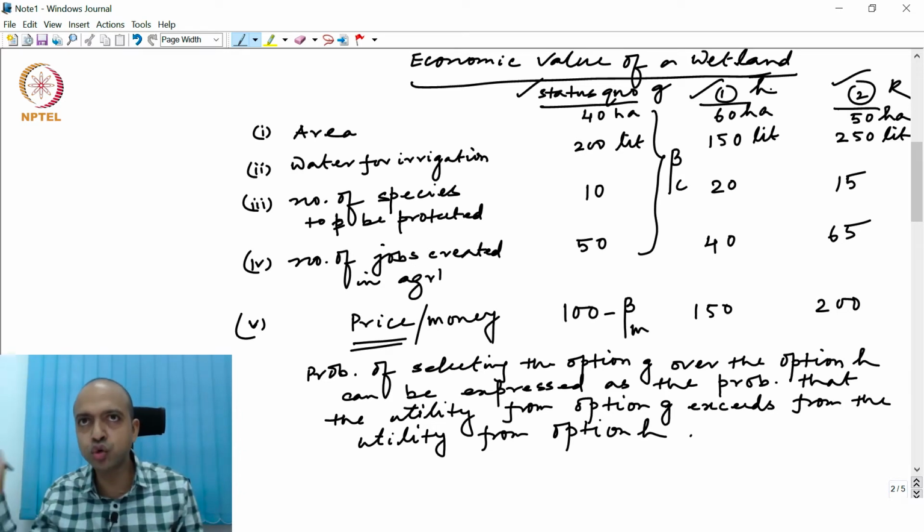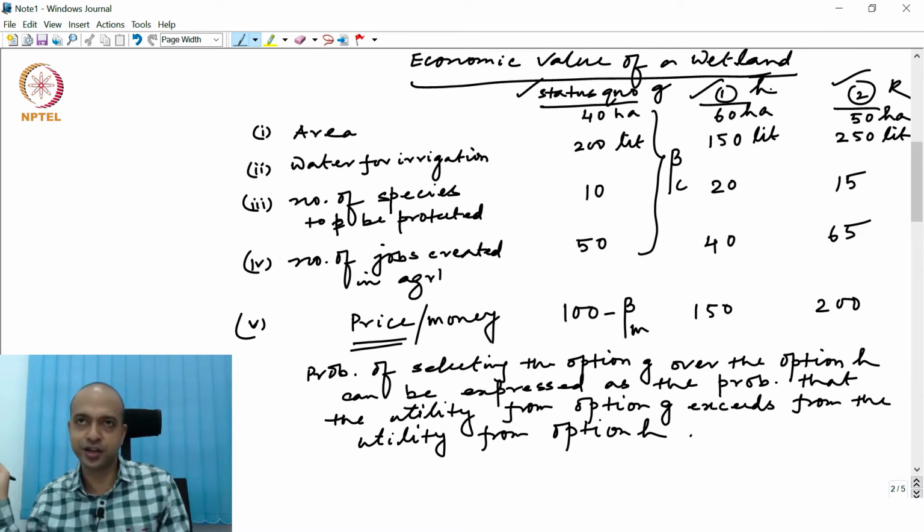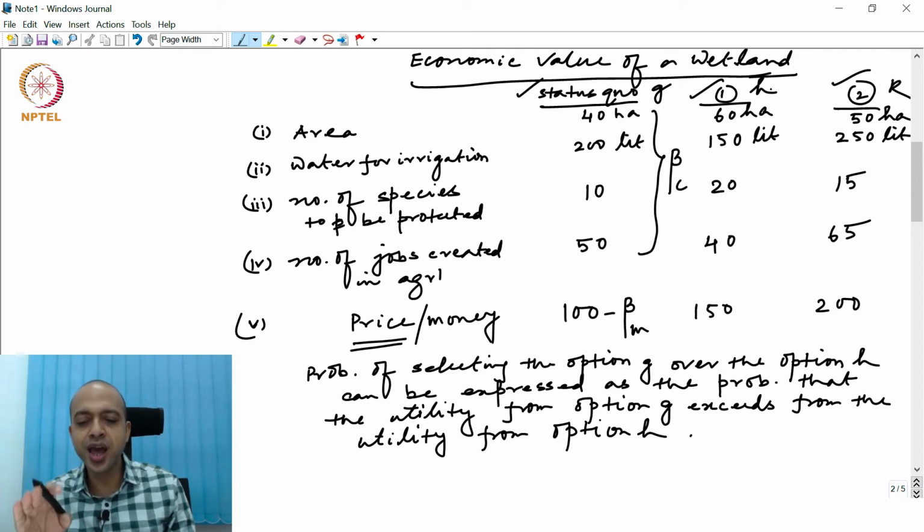It has nothing to do with the respondent's socio-economic and demographic characteristics. So in my econometric model, I am not considering the income, age or education level of the individual, and so on. No individual-specific characteristics are added here, only choice-specific characteristics.